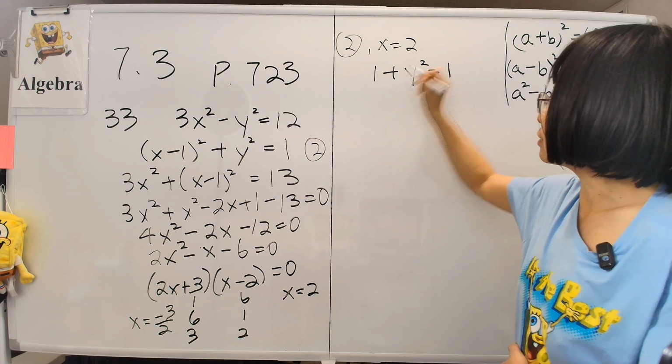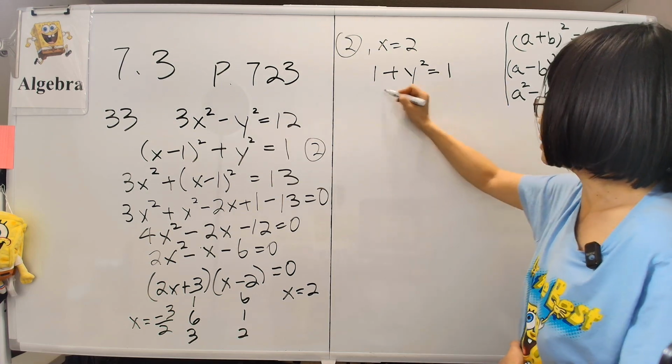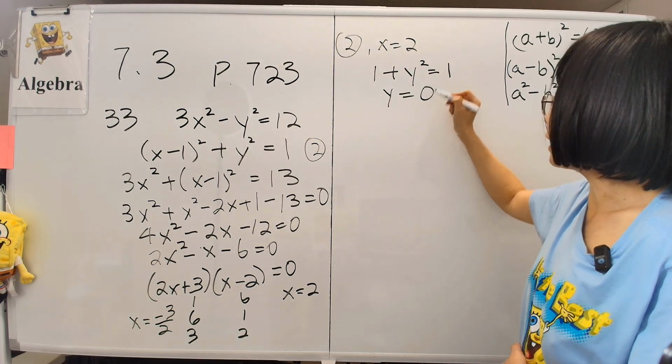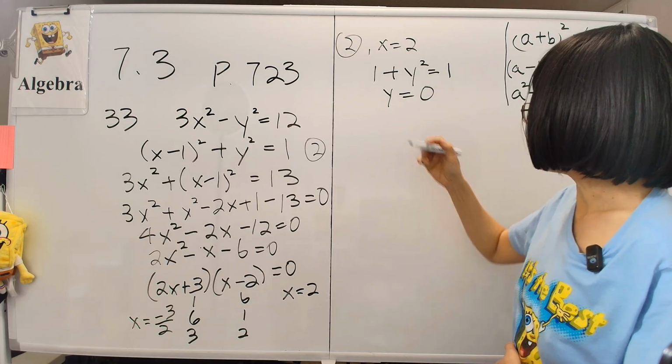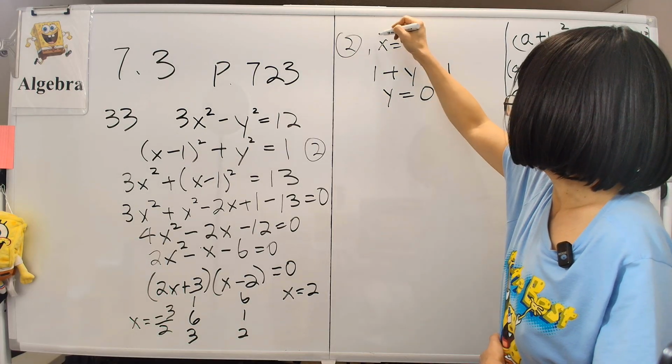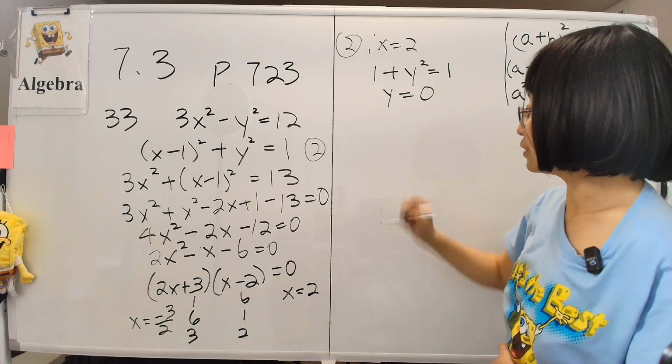That means y equals 0. So when x is 2, y is 0. All right, that is the first solution.